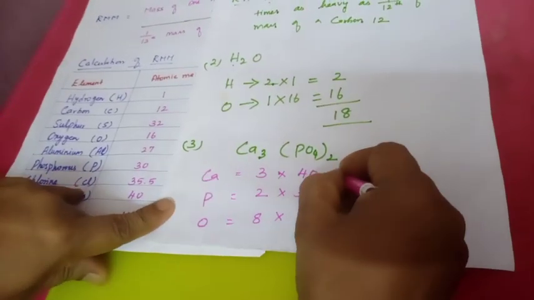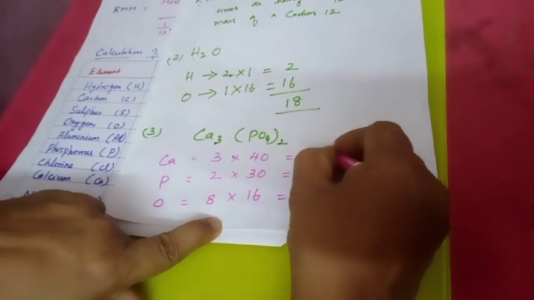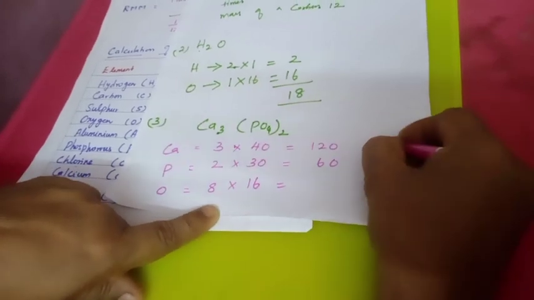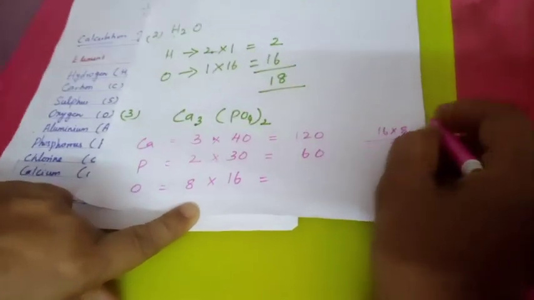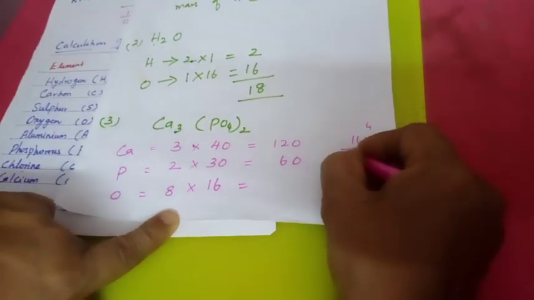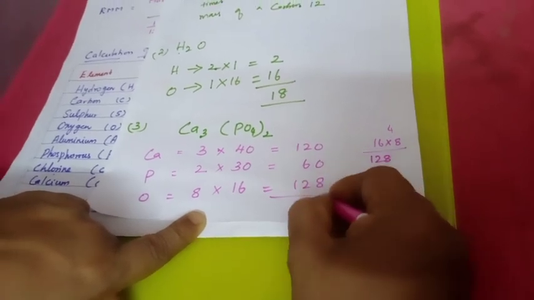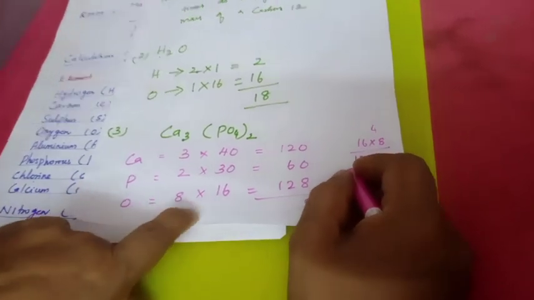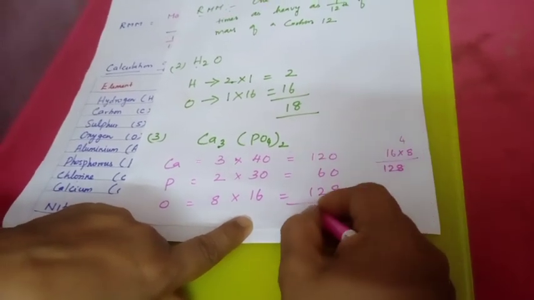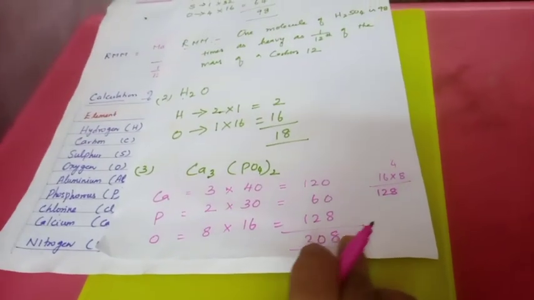So now you calculate for this. 120 and then 60, 16 into 8 is 128. So add together: 8, 10, carry 1, 308. So for calcium phosphate, the molecular mass is 308.